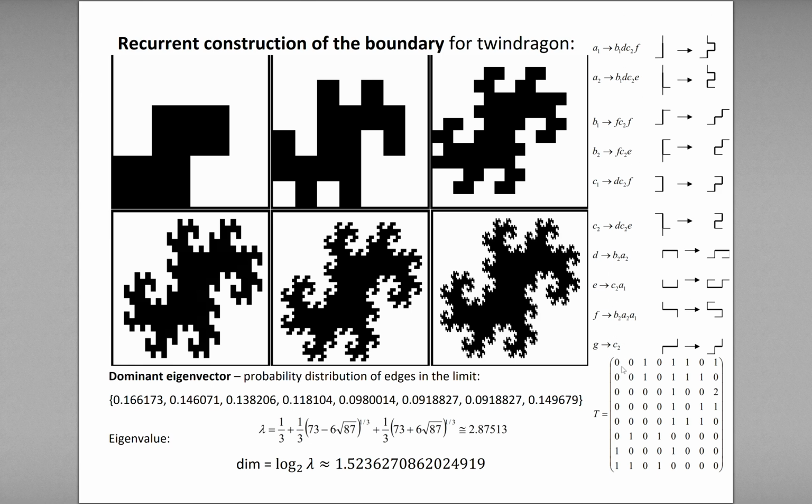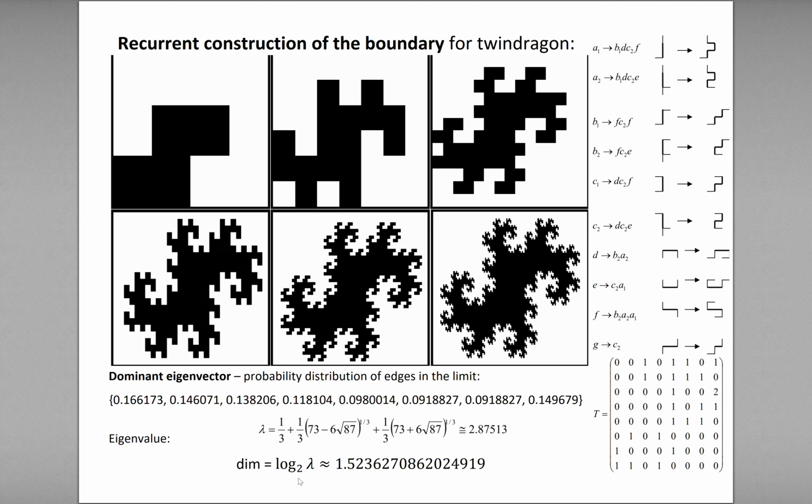So we can find this kind of recurrence relation, which can be translated into some matrix: how many given types of edges will be translated into various types of edges in the next step. Looking at the dominant eigenvalue of this matrix, from its logarithm we get the Hausdorff dimension of this boundary of this fractal.